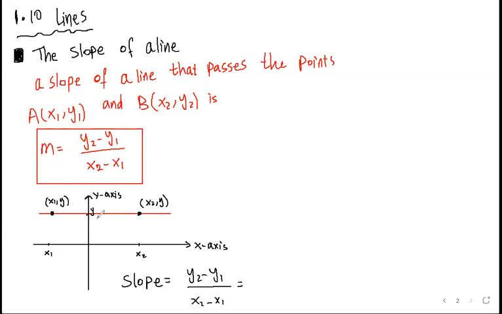My y2 is y, because the same y, minus y, over different x2 minus x1. So they give me 0. So the slope of any horizontal line is always 0.